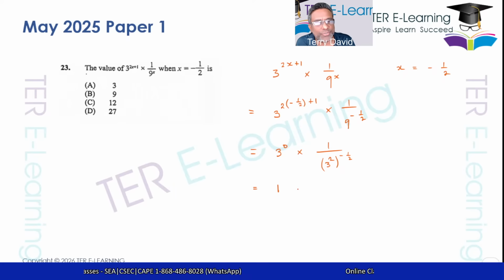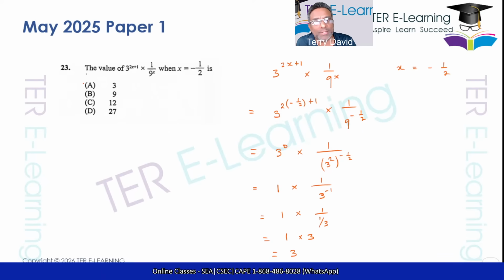Now 3 to the power 0 is 1, multiplied by 1 over 3 to the power minus 1. So this is actually 1 multiplied by 1 over 1/3, so this is 1 multiplied by 3. So we get 3 here. The answer is A.